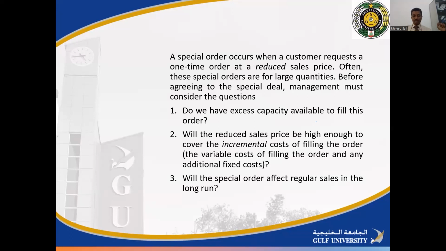He will purchase this, but there is something specific in this special order. Actually, they pay less than our normal price, right? So the price they give us is less than the normal price of our product in X, right?